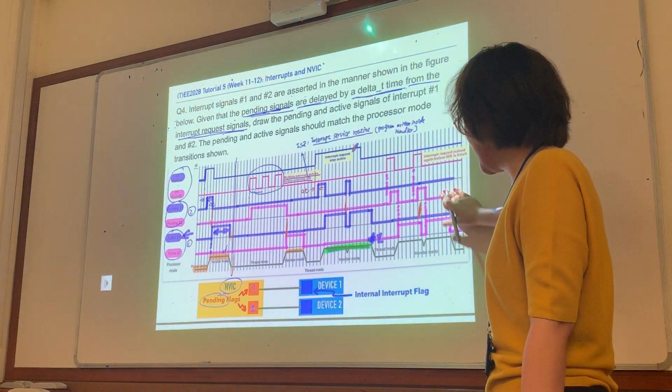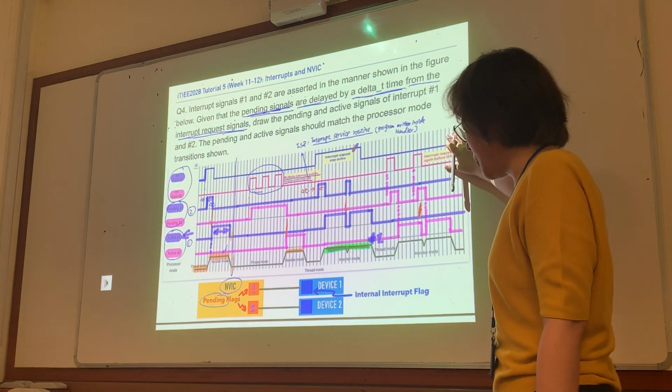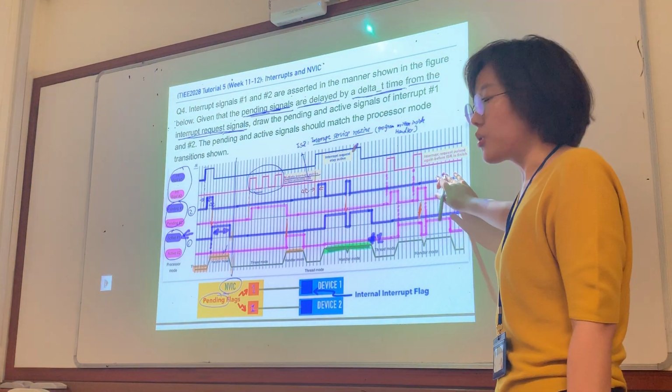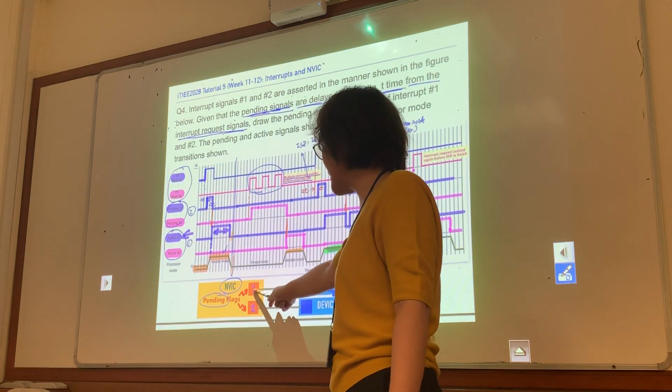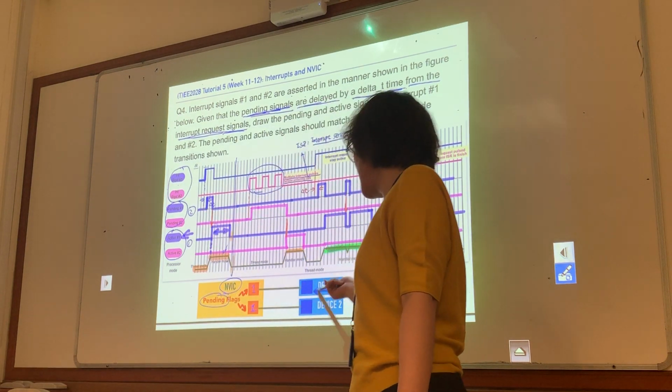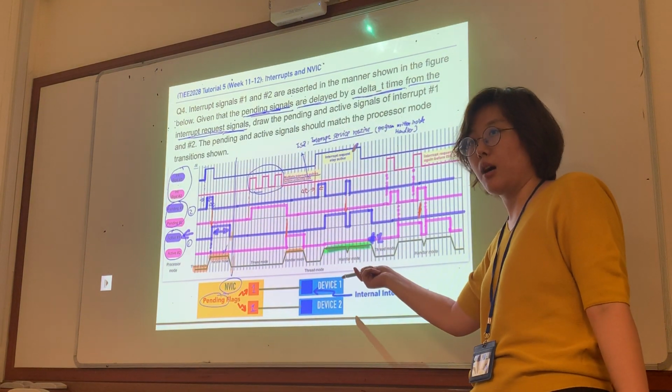Then once you know the active signal and you know the interrupt request, you can draw the pending signal. The pending signal is basically the flags here, so it will be set to 1 once there's external information coming.